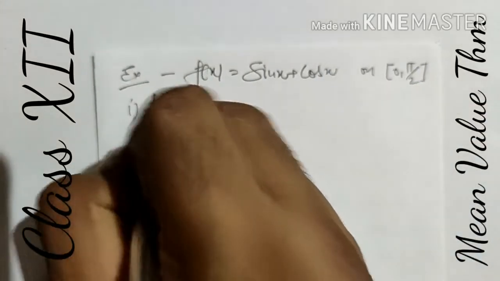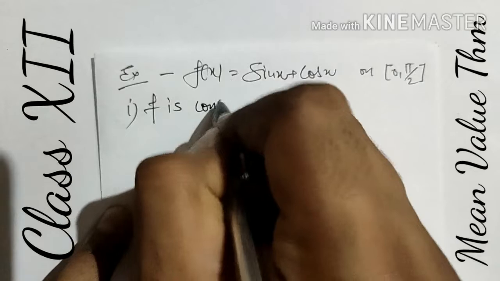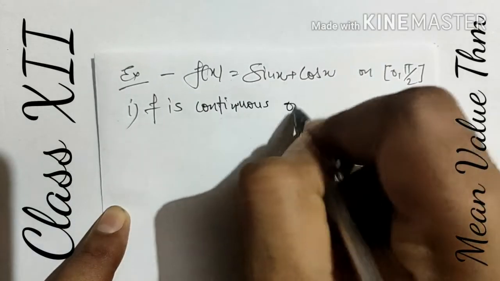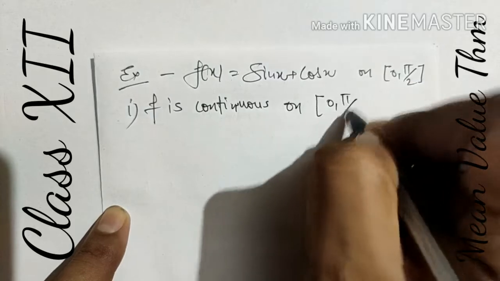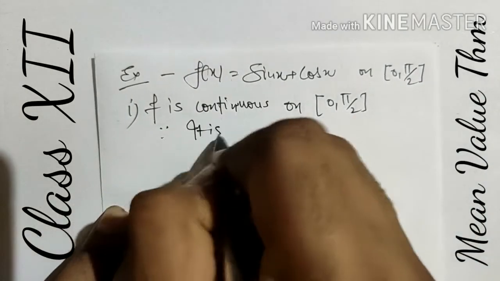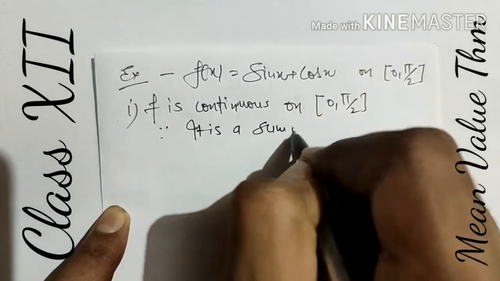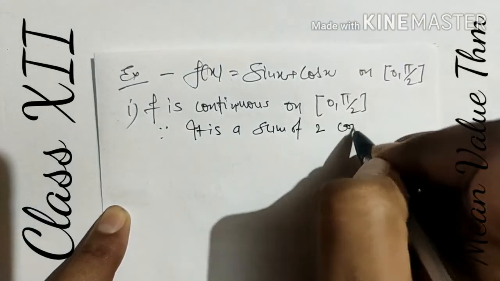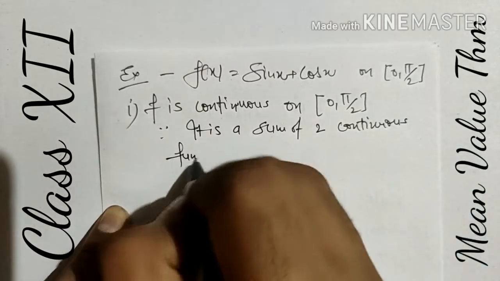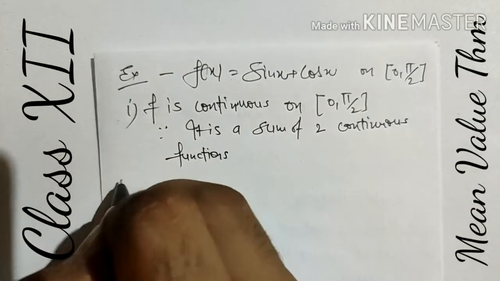So it is our continuous function. F is continuous on closed interval because it is a sum of two continuous functions. So first condition is verified.